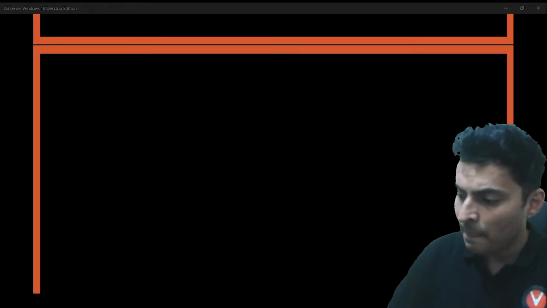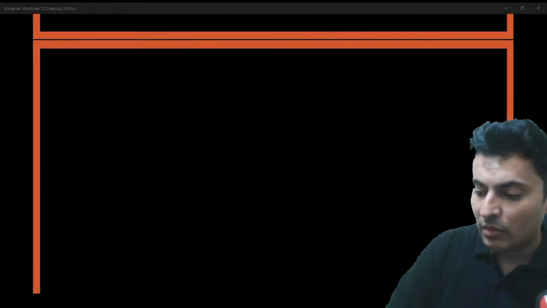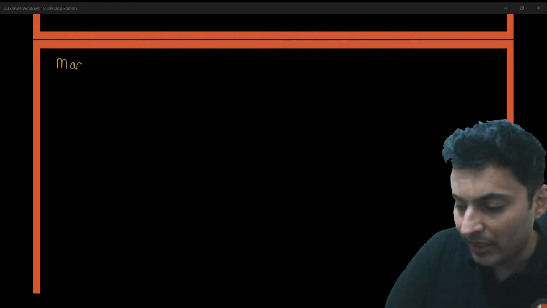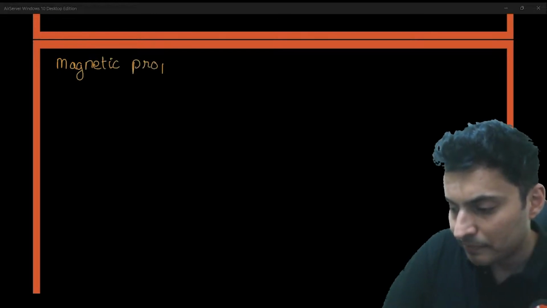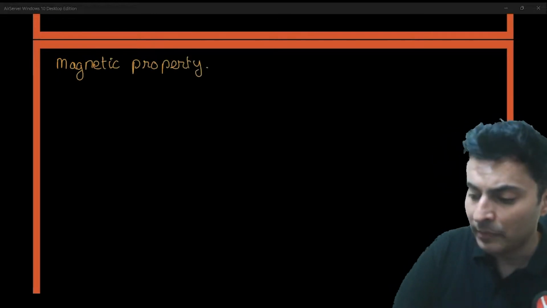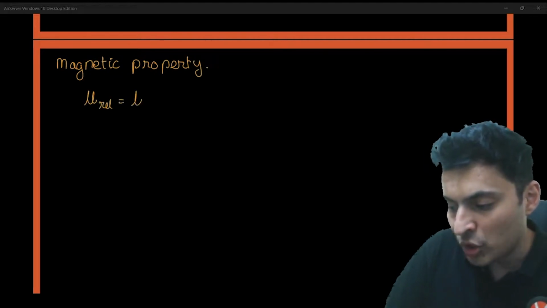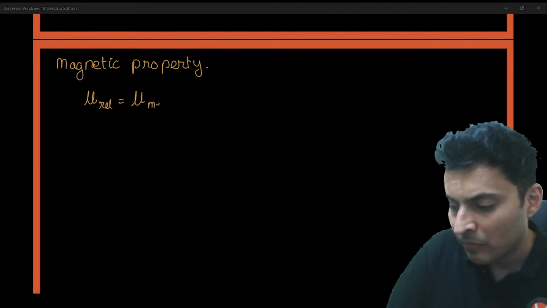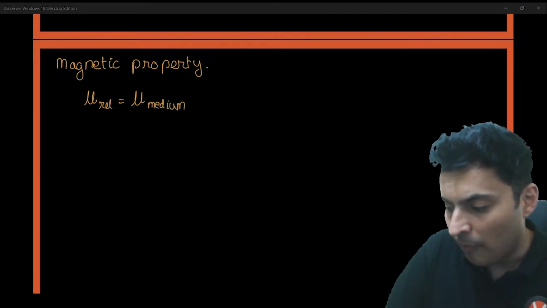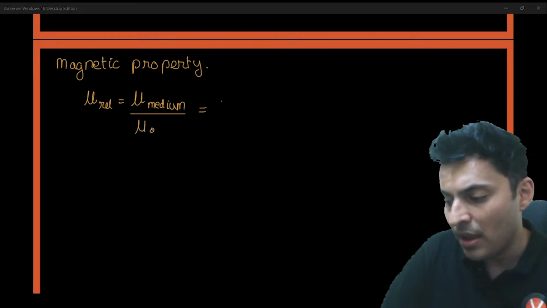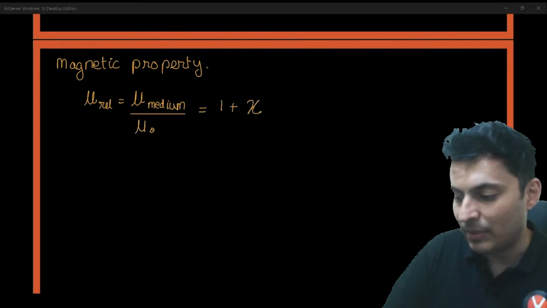Next important thing which you should know in magnetic materials is the magnetic property of relative permeability. Relative permeability is the actual permeability of the medium upon the permeability of free space or vacuum, and that happens to be 1 plus the susceptibility.